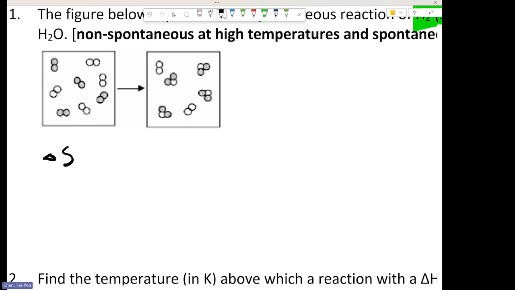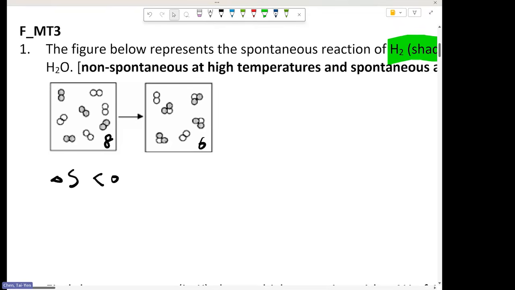How many gas molecules do you have for your reactant? 8. How many for your product? So your delta S is negative. It becomes smaller.